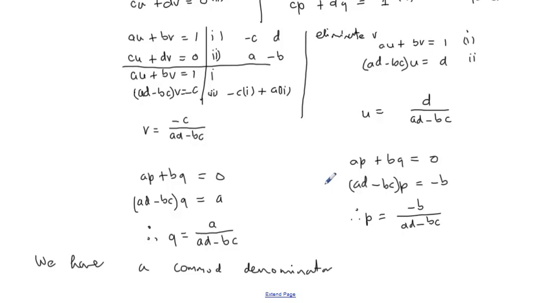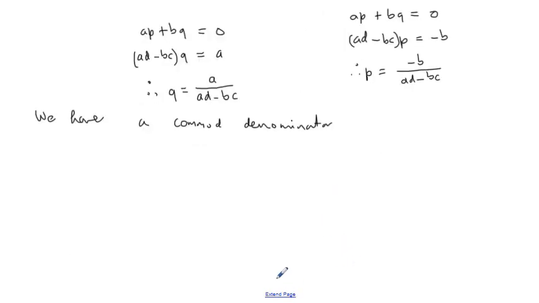Guys, when you get something and it's outstanding on its own, it deserves a name. I'm saying call AD minus BC the determinant of A.